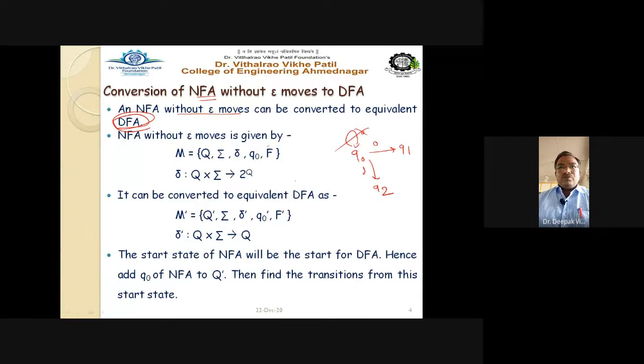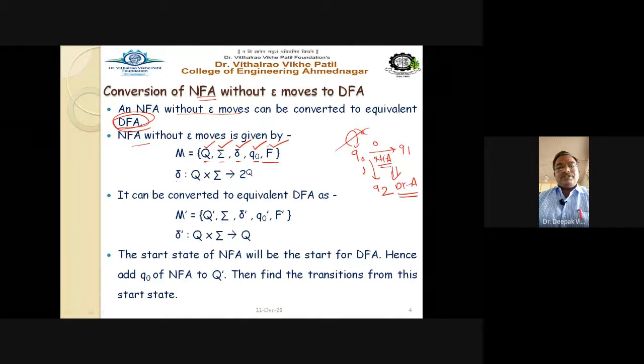So what we have to do here, we have to convert our NFA. This is the case of your NFA. Now this NFA needs to be converted into the deterministic finite automata, that is nothing but your DFA, right? So NFA without epsilon moves machine is described with the help of Q, sigma, delta, Q0, capital F, where Q is the finite set of states, sigma is a finite set of input alphabet, delta is the transition function in NFA, Q0 is the start state, capital F is the final state.